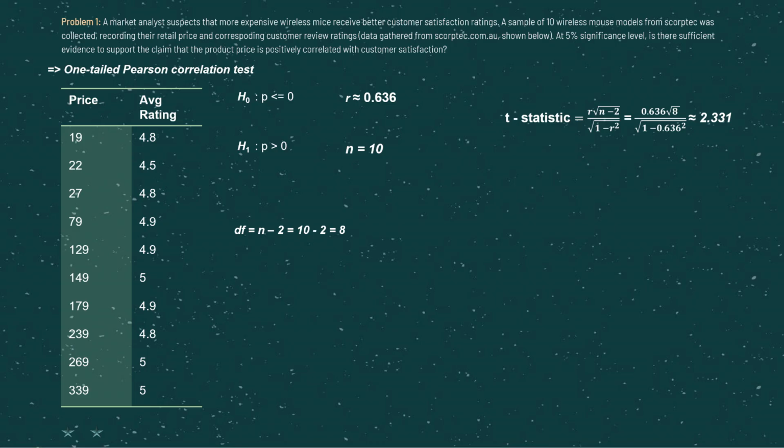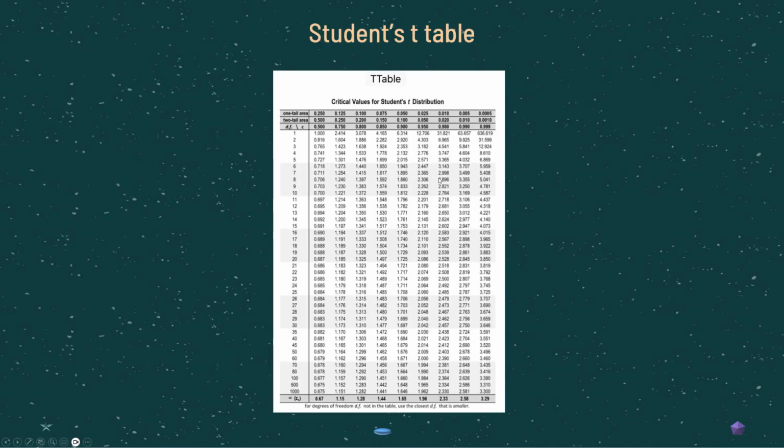And let's go find the t-critical value. At 95% and the degree of freedom of 8, one-tailed test, we should refer to this t-table, but our critical value should be one-tailed 0.05. Let's go to it.